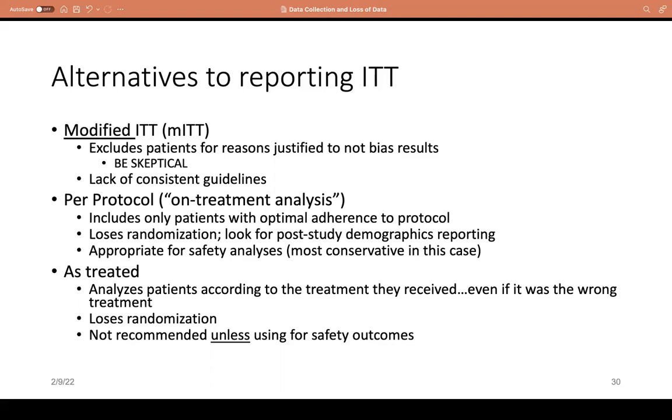So per protocol analysis may be okay for safety analyses, but it's not how you want to evaluate your specific intervention. And similarly, as treated is the same issue, but again, you're losing your randomization here, similar to per protocol, and so it's not something you want to do unless, again, you're looking at safety outcomes.